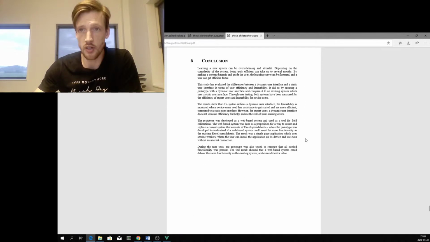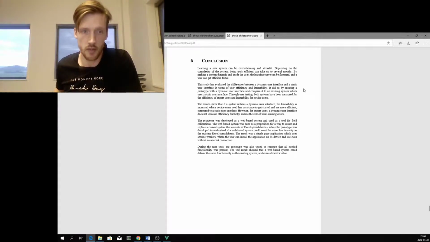And when we come to the conclusions, we can see that a web-based system would very well be a good solution as a replacement for the current system, and a dynamic user interface does make it easier to learn, while it does not necessarily make users more efficient.